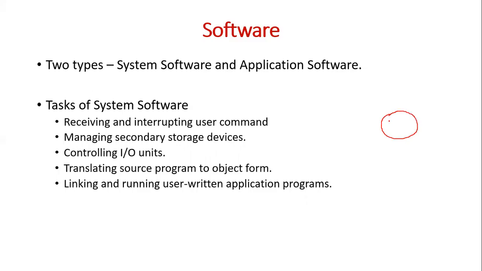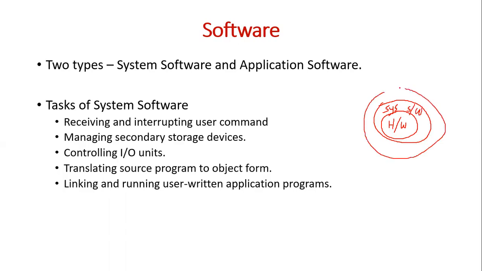If you remember the typical diagram of how the operating system works, at the lowest level we have hardware. The next level is system software. Operating system is also a system software. Because system software can directly access the hardware.